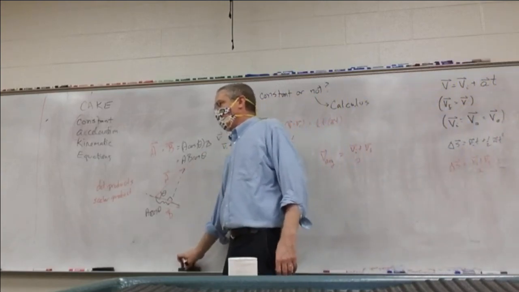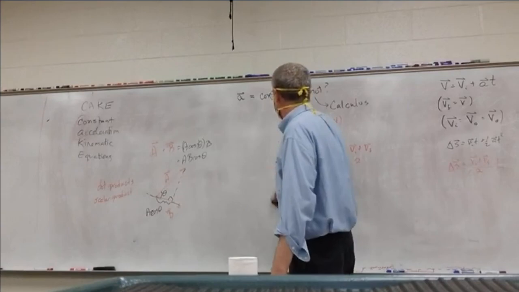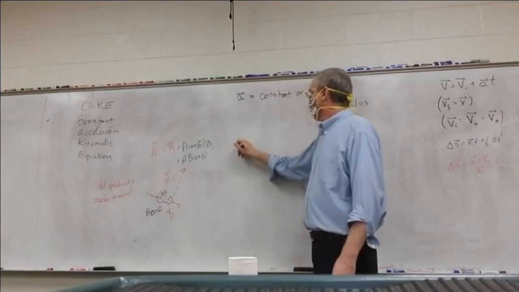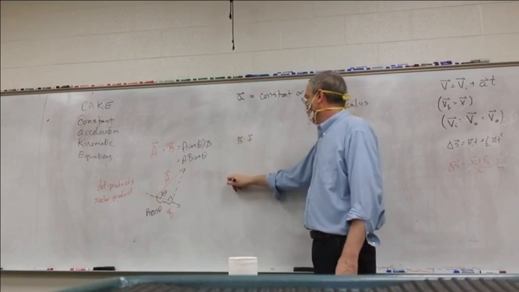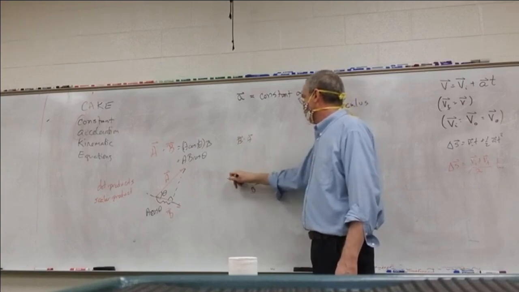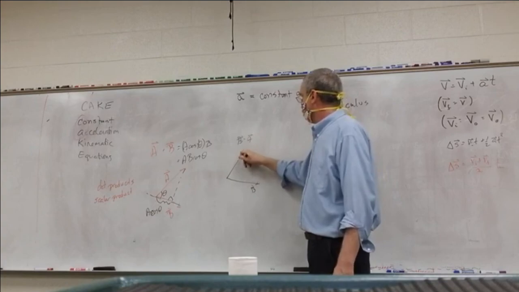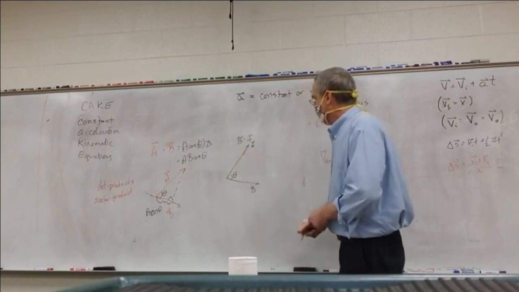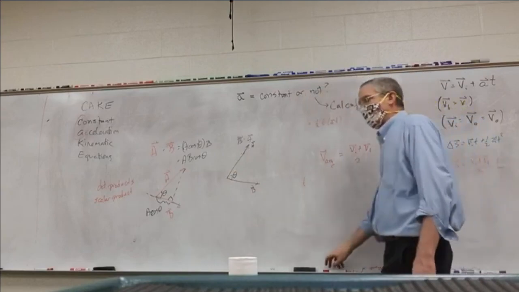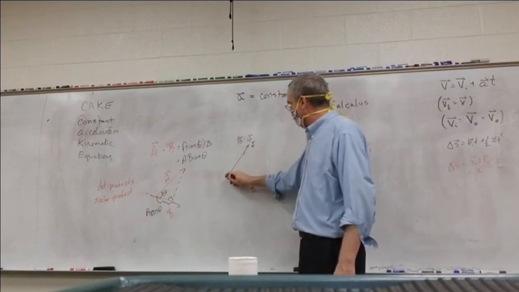If instead we wanted to project onto A instead of onto B, so B dot A. So I have B coming down like this, I have A shooting off like that. Let's make A a little bit longer. The angle between them is theta. I want to know how much of B is in the direction of A, so I'm basically going to break it up into parts.